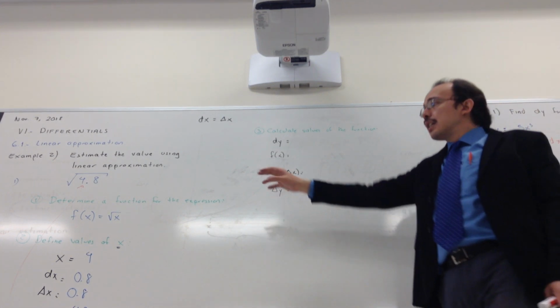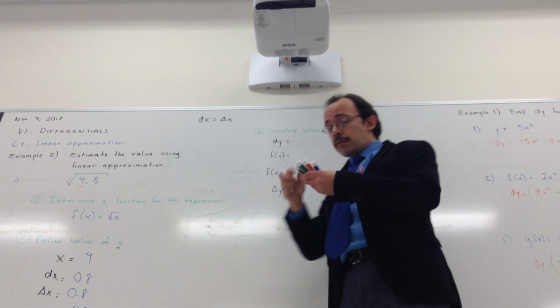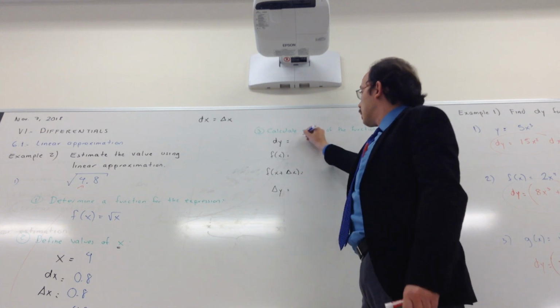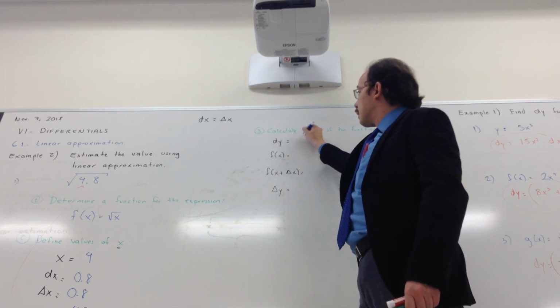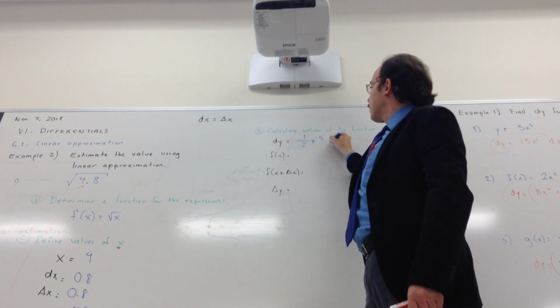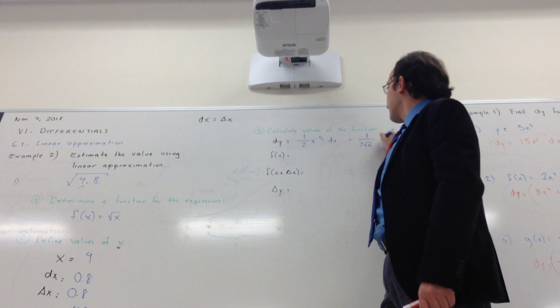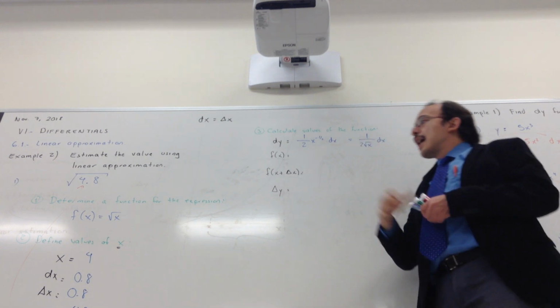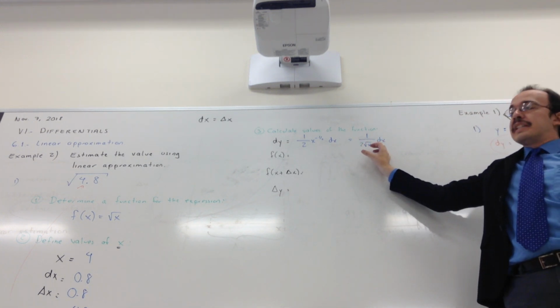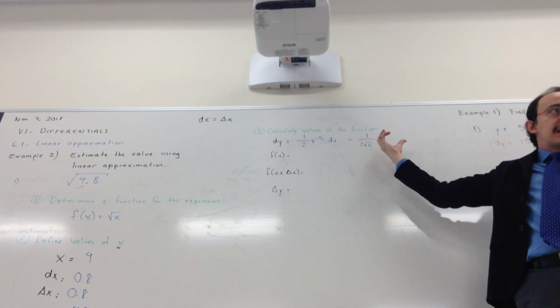The function is this one, so dy is going to be the derivative of that one, which is what? 1/2 x to the negative 1/2 times dx. If I rewrite that, it's going to be 1 over 2 square root of x dx, right? Now I have values. Put the values in my differential.